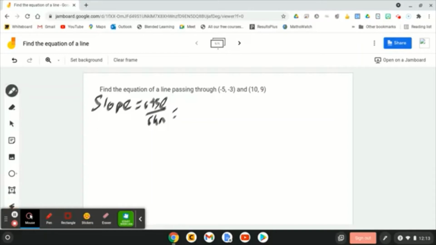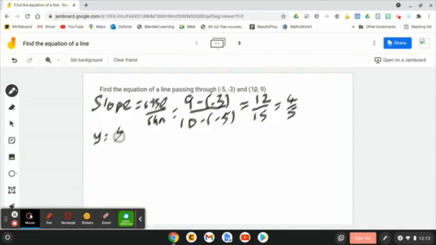So to find the change, it's 9 minus minus 3, which is 9 plus 3, which is 12. My change in x has changed from 10 to minus 5, so that's 10 minus minus 5, which is 10 plus 5, which is 15. And this will cancel down to give me 4/5. So I know my equation is y equals 4/5 x plus some constant c.